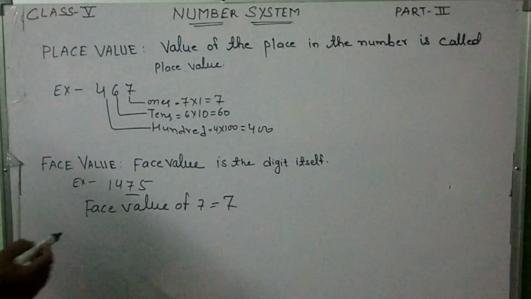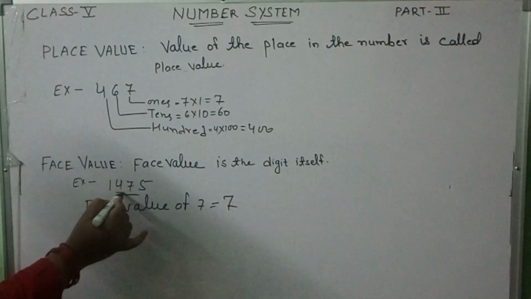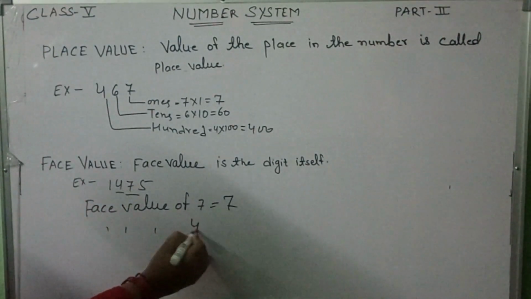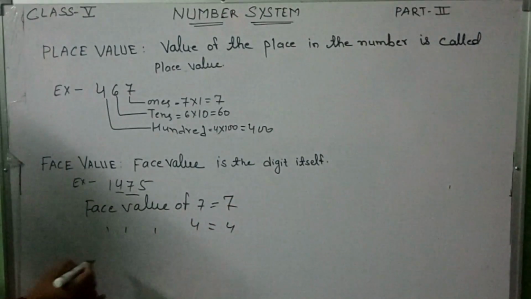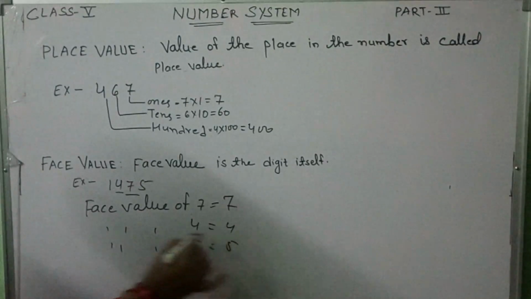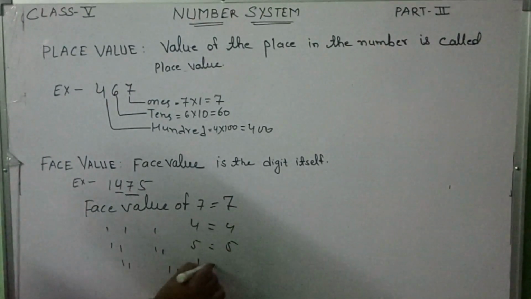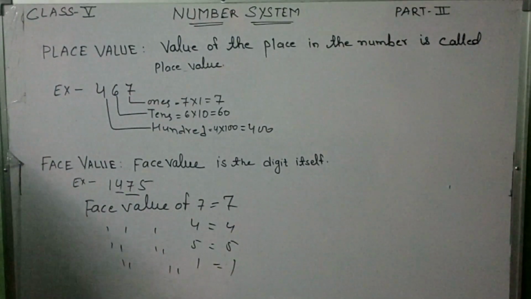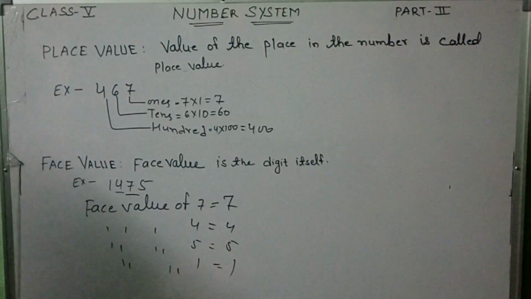The face value of 4 is 4, the face value of 5 is 5, and the face value of 1 is 1. Face value is the value of the digit itself.